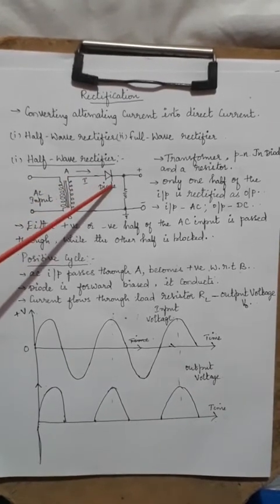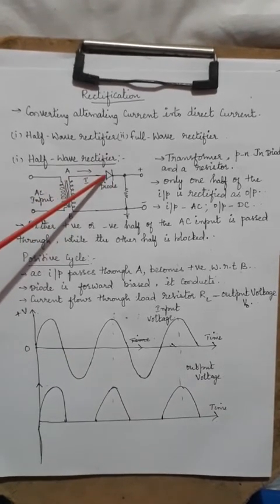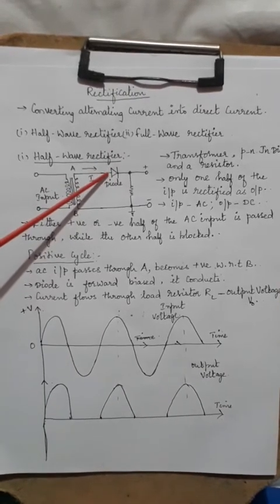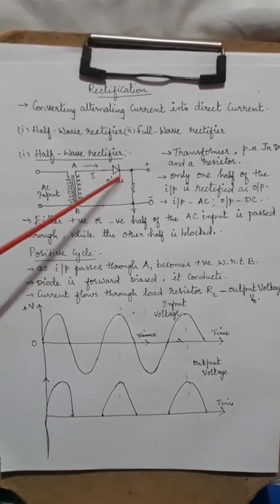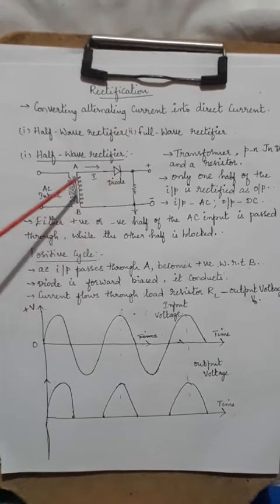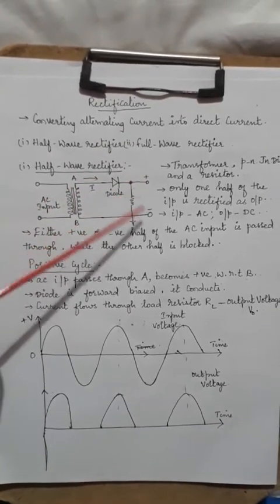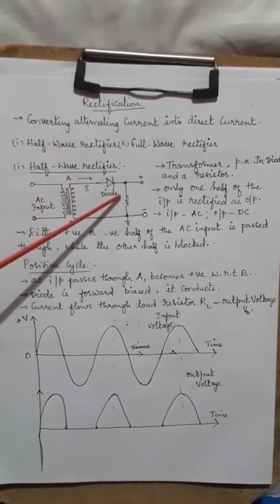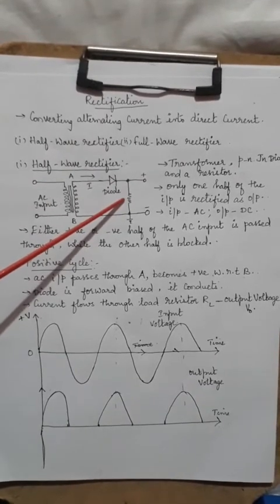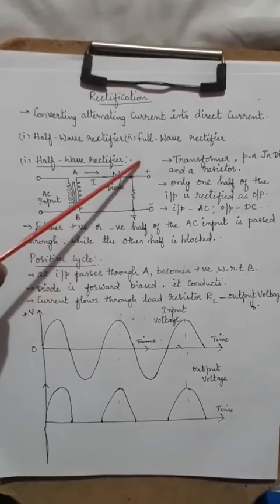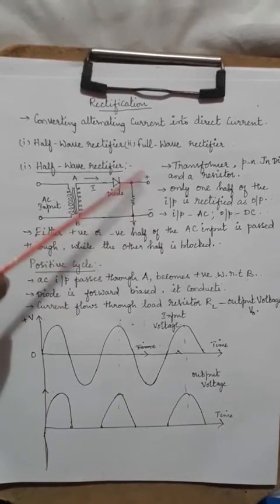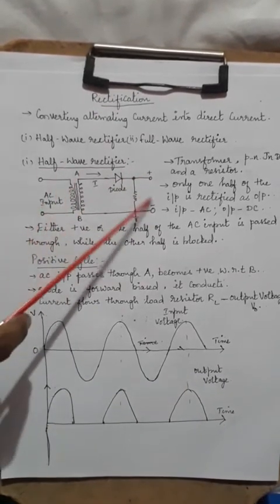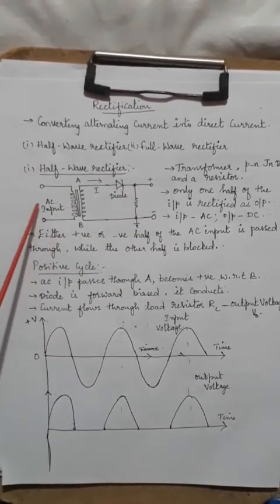This is the diode, where this bigger end says it is positive, p type, and this smaller line says it is n type. And then you need to draw the output, which is drawn across this resistor, R, with the plus and minus voltage. So this is the circuit diagram of a half wave rectifier.